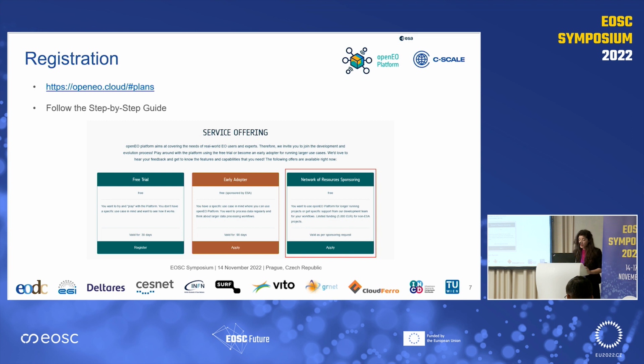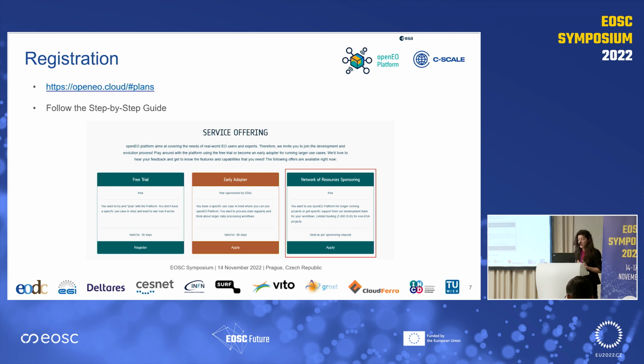For the registration, following the link at the top, you can see the plans. Basically, the plans are 3 for now. The first one is a free trial. If you're a user, you want to do a tryout of the service, or if you have a smaller project, you can try it out for 30 days for free. The second one is to be an early adopter, which is sponsored by ESA.